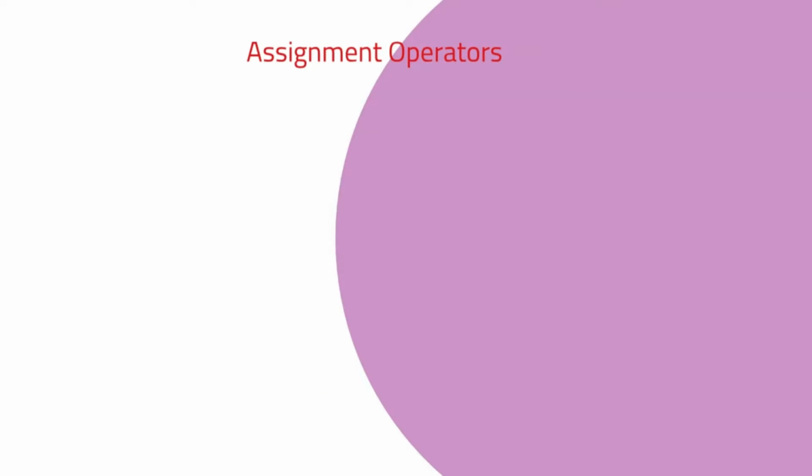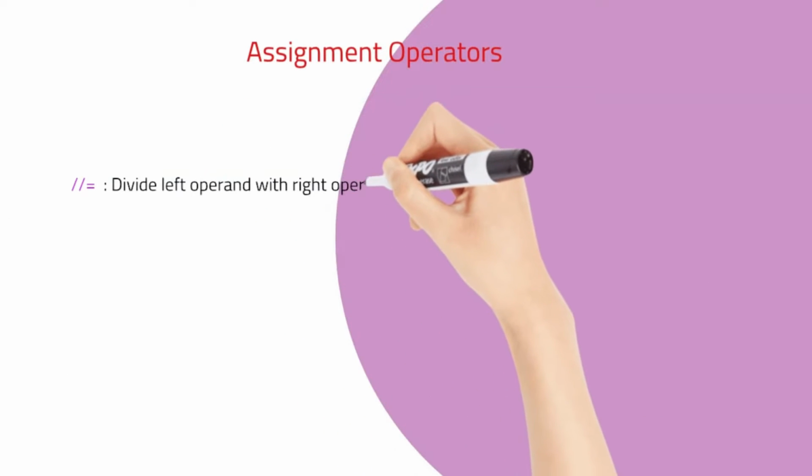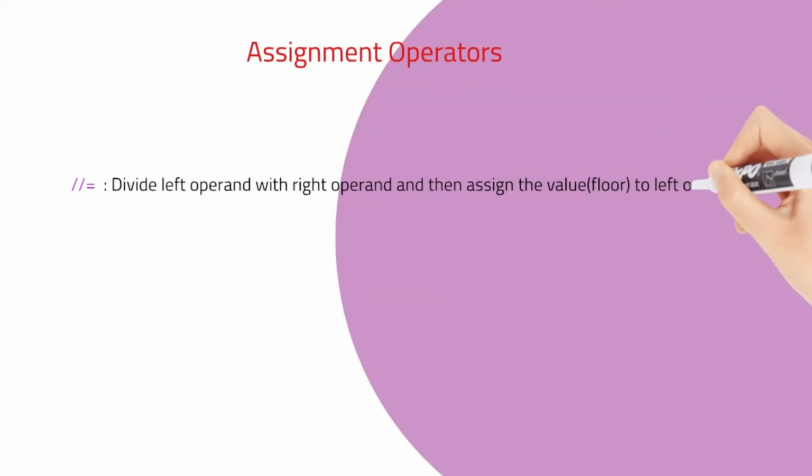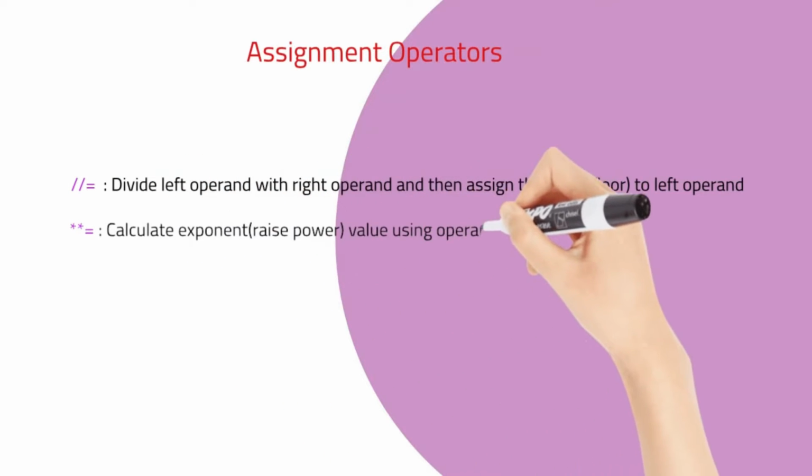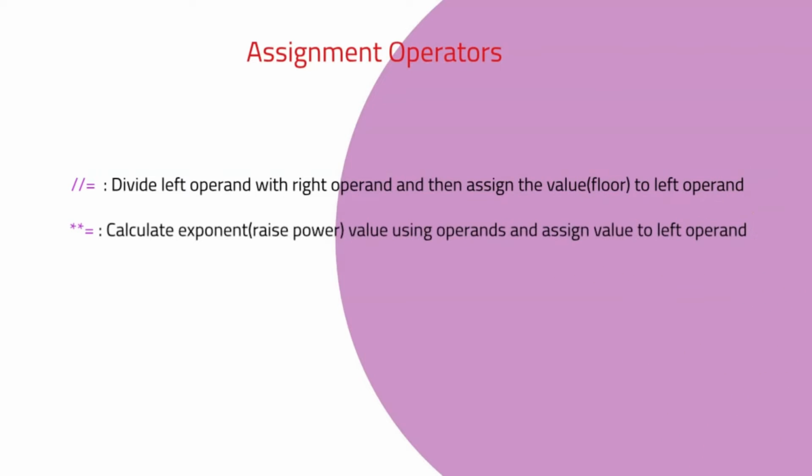Floor divide equal, also known as floor divide and. It divides the left operand by the right operand and then assigns the floor value to the left operand. Exponent equal, also known as exponent and. It calculates the exponent value using the operands and assigns the value to the left operand.